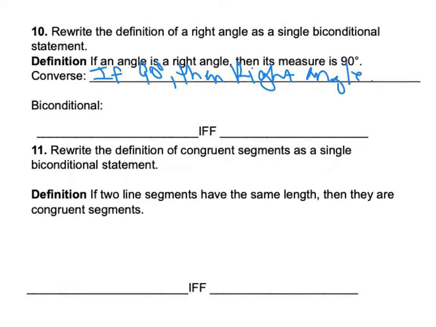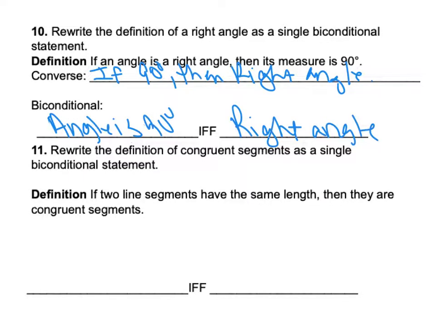So the biconditional statement would be: an angle is 90 degrees if and only if it's a right angle.